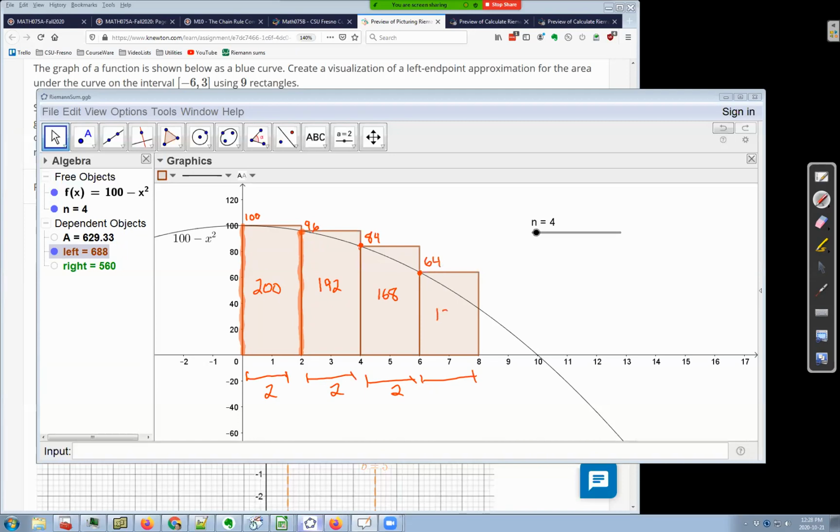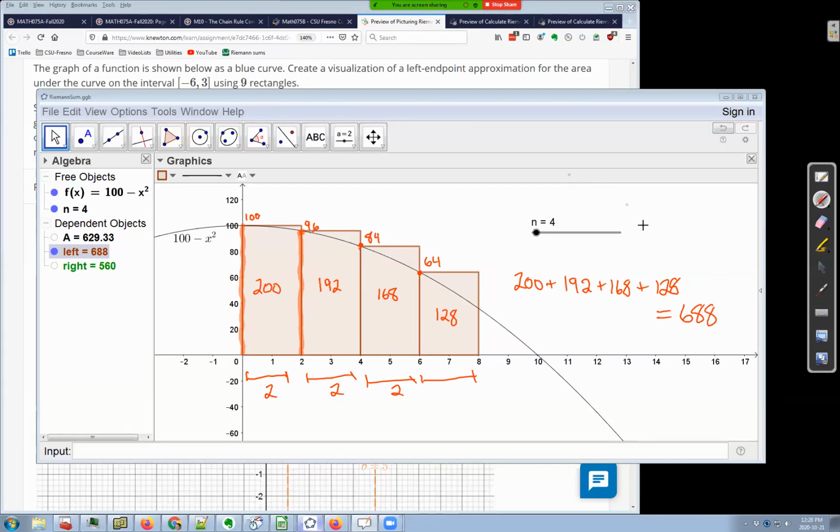And so that's 128. And so if you add all these together, 200 plus 192 plus 168 plus 128, GeoGebra tells us, and I'm going to trust GeoGebra, that that's 688.